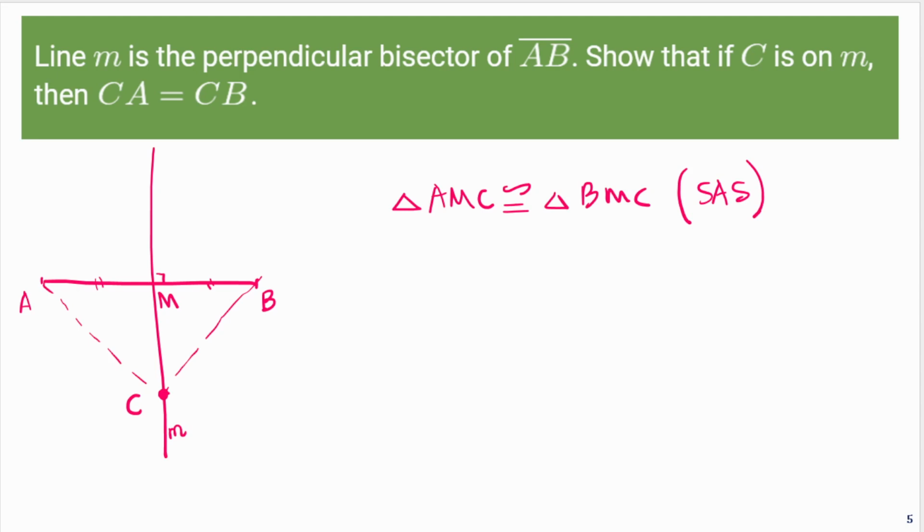Since AM equals BM, angle AMC equals angle BMC, which is 90 degrees, and CM equals CM, right? And therefore corresponding sides are also congruent. We can prove AC equals CB. You get it?